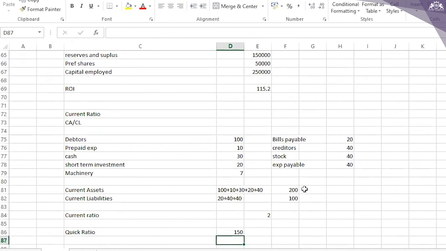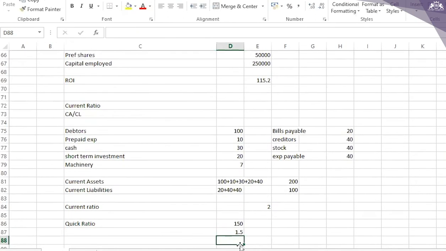My quick ratio is 150 divided by 100, which is 1.5. So my current ratio is 2:1 and my quick ratio is 1.5:1.